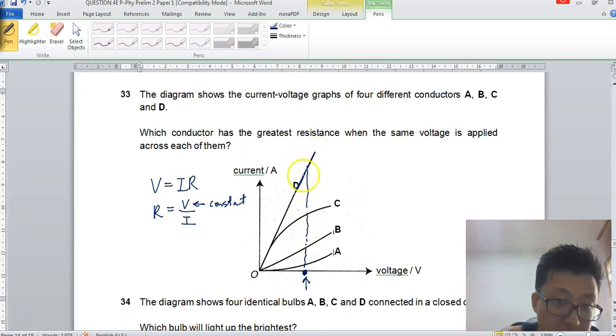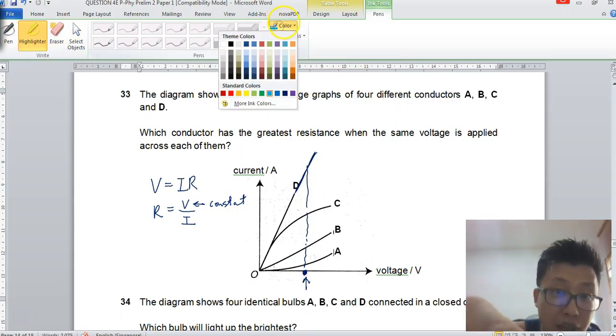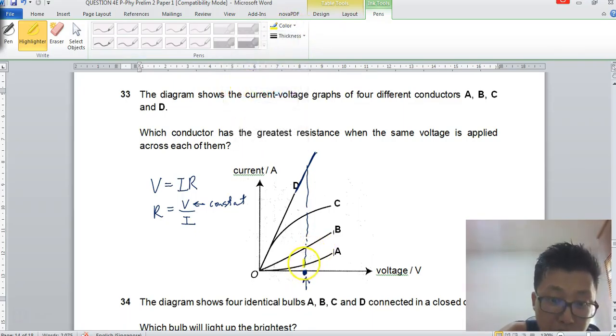Okay. And I will have, come on, give me the color. I would have 1 intersection, 2 intersection, 3 intersection, 4 intersection points here.